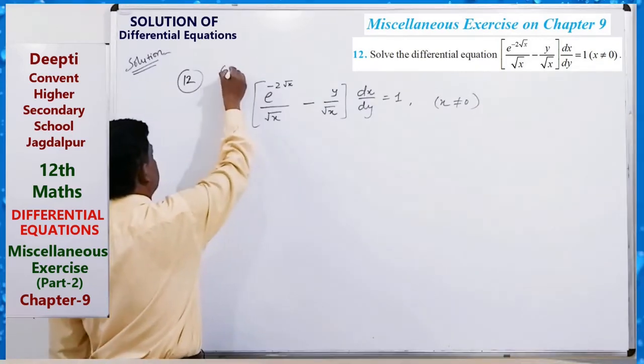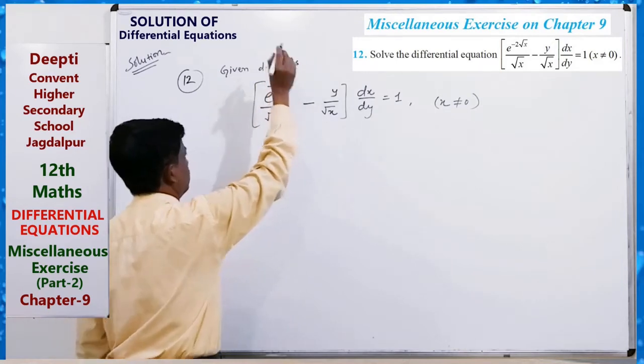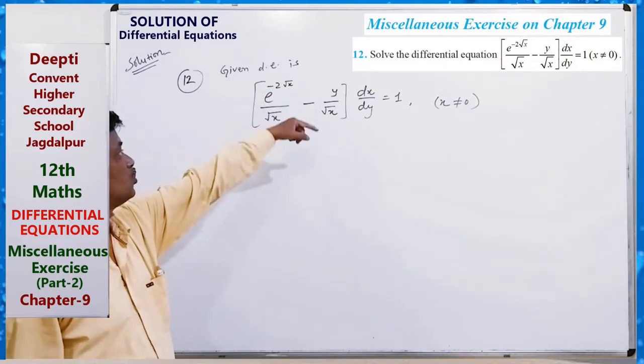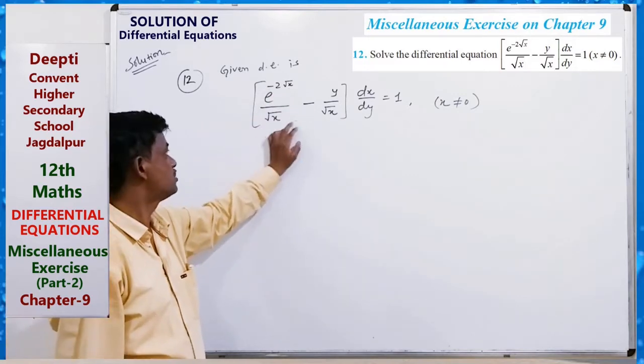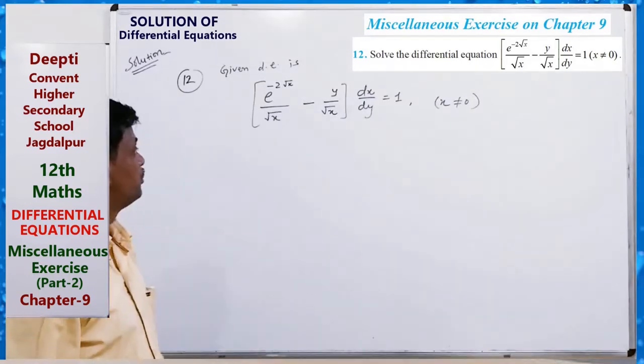This given differential equation, we have to solve it. It is e to the power minus 2 root x by root x minus y by root x, dx by dy equals this.